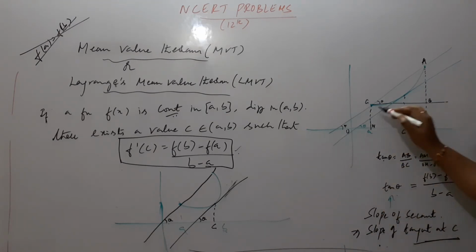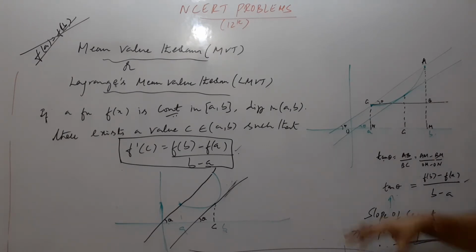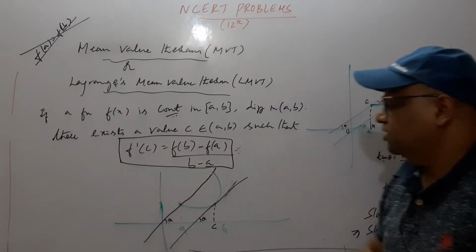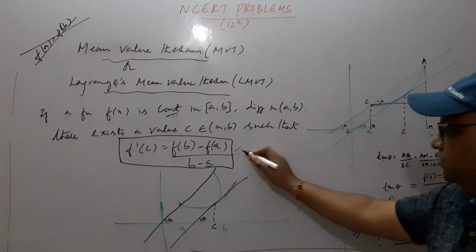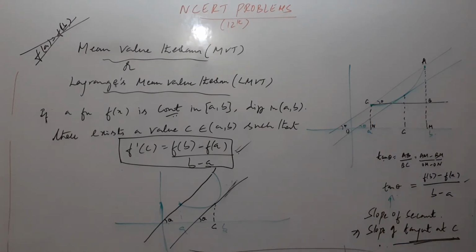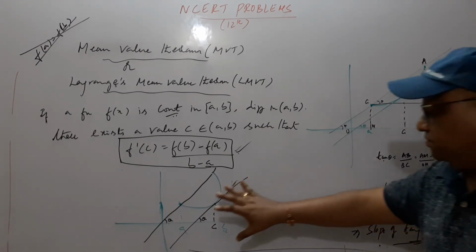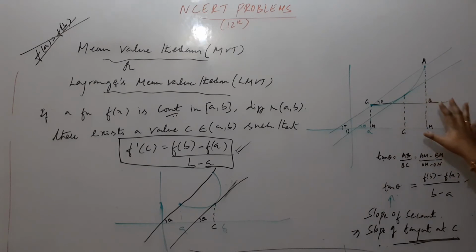Also, we are telling the slope of the secant and tangent are equal. So, it gives me indirectly the slope of the tangent at this point C, given by this formula. For your exam sake, you have to write this graph only. This graph is for your understanding sake, but it is better you understand and take down the graph.